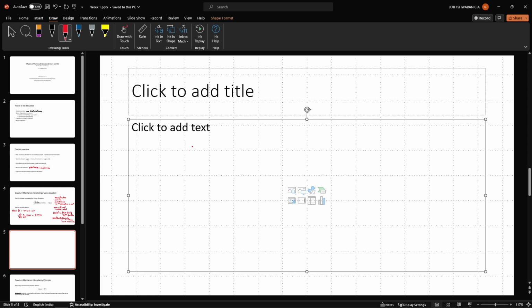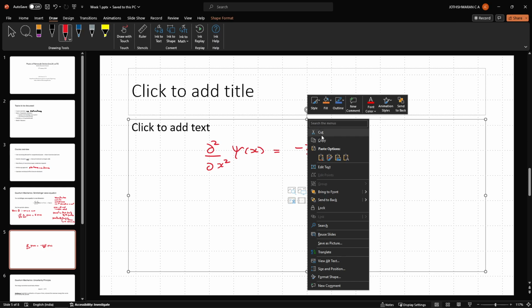So the equation in the previous slide can now be written as ∂²/∂x² psi of x is equal to minus 2mE upon h bar squared times psi of x. Now this is of the form of a standard differential equation.